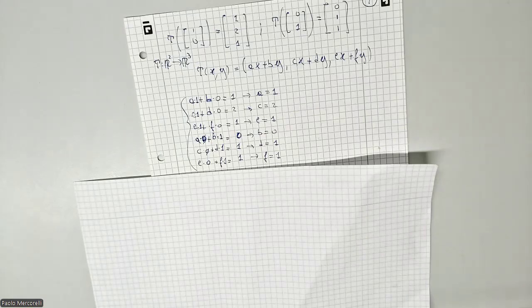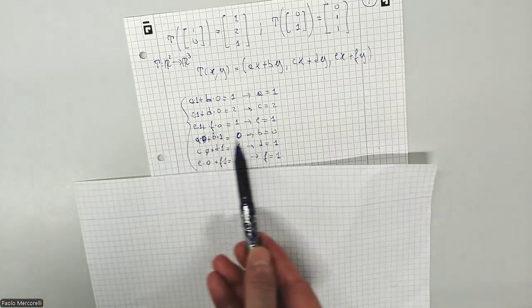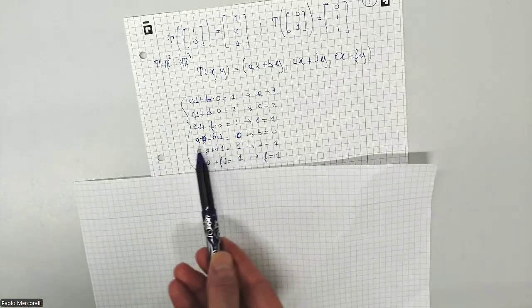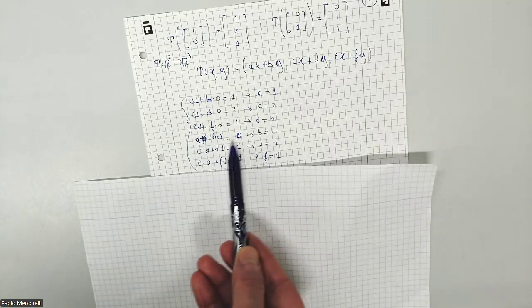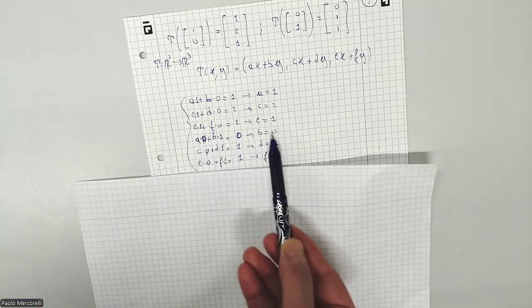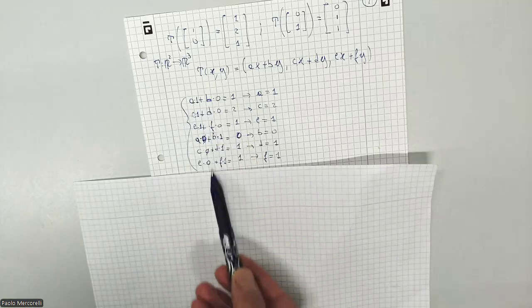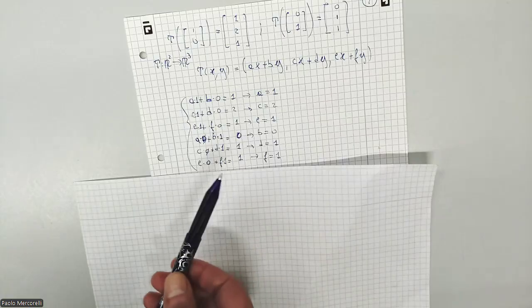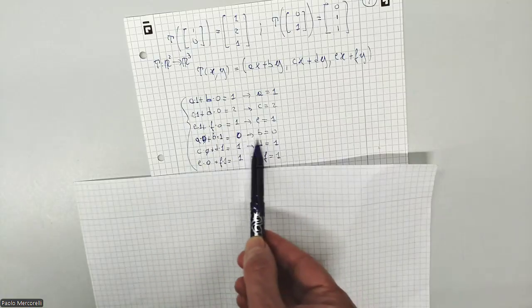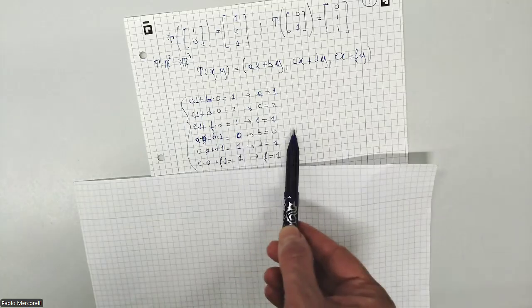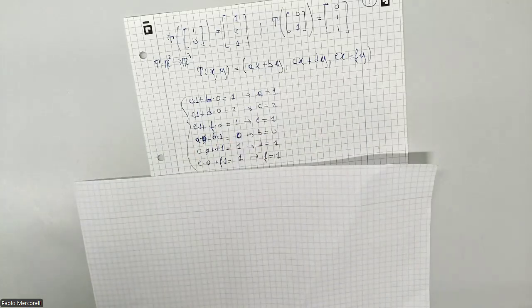But also here, thanks to the presence of some zeros, from this line I can calculate directly that B is equal to 0, thanks to the 0 here and the 0 here. I don't need B for further calculation.